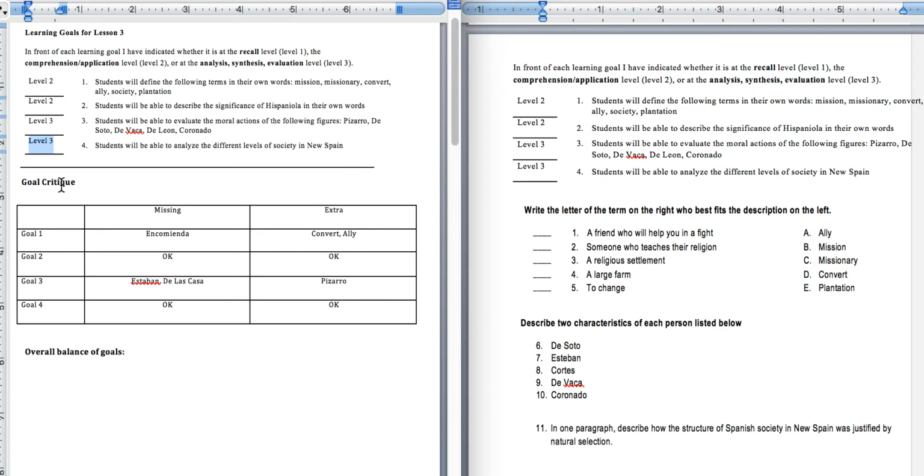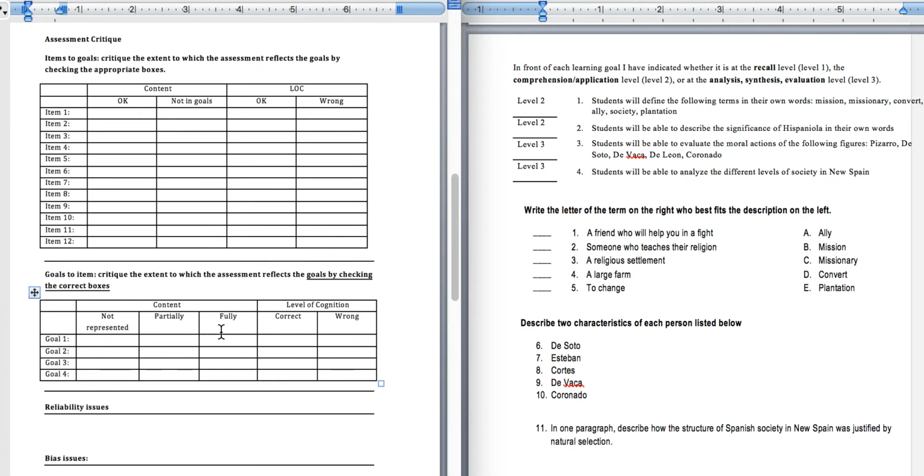That's as complicated as it could possibly be for me to have realistic expectations that my students will meet this. So what I want you to say here is that in this case, the levels of cognition are too high. Conversely, if these were all level 1 goals, you would tell me that the levels of cognition are too low. If it was a nice balance of 2s and 1s, you'd say levels of cognition are appropriate.